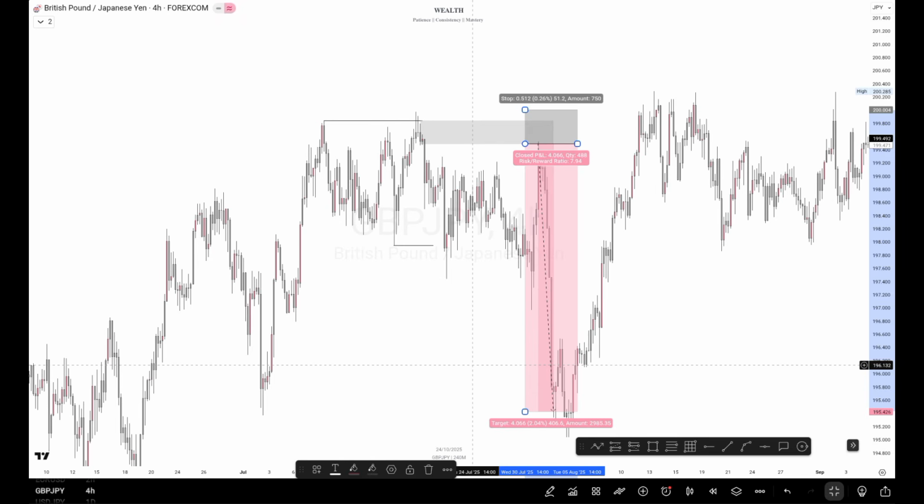By targeting the internal structure or the internal zone in price, it's just like from external to internal, from internal to external. That is how liquidity sweeps happen.